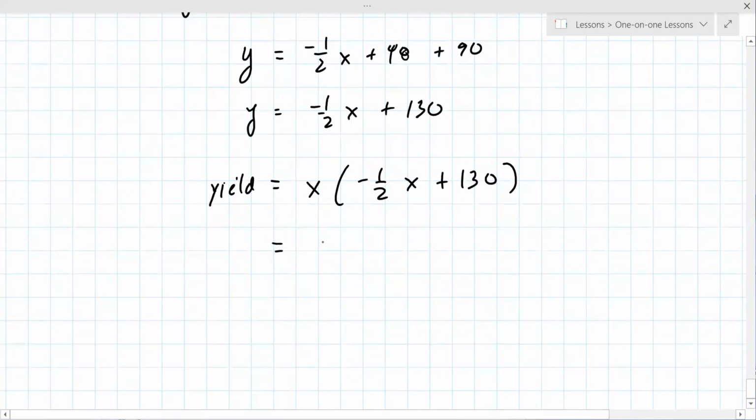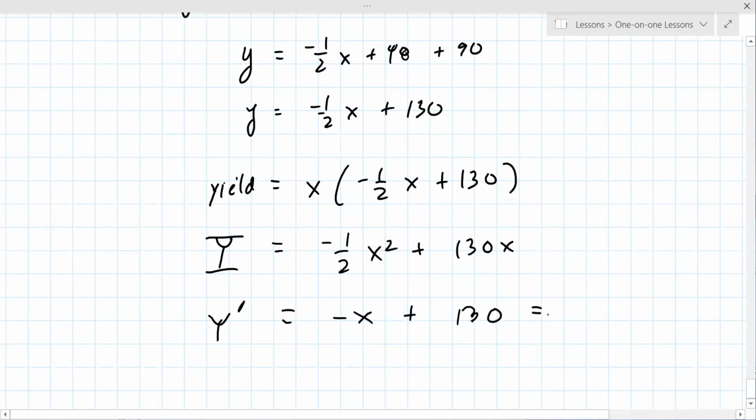So we can distribute: negative 1/2 x squared plus 130x. I'm going to use capital Y here, and then take a derivative of this. So that's minus x plus 130. Set that equal to 0, and x equals 130.